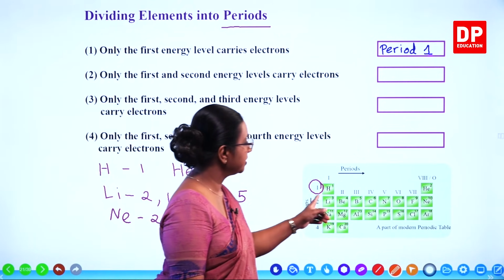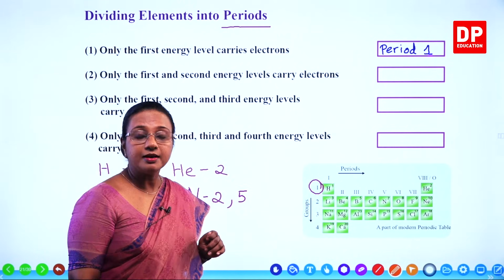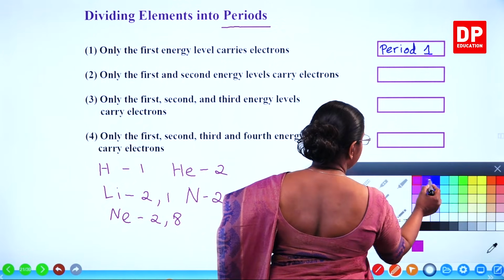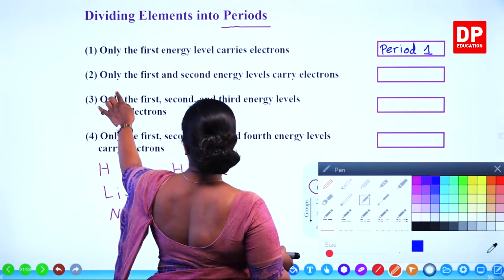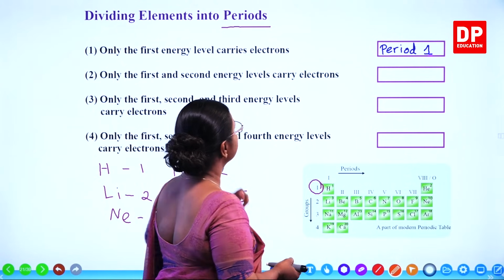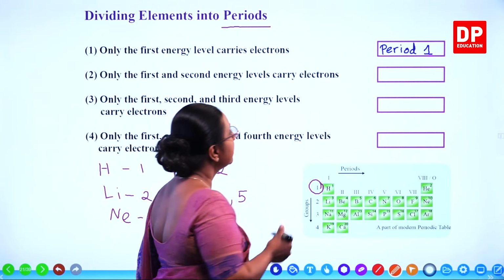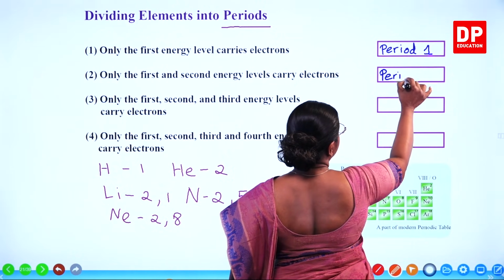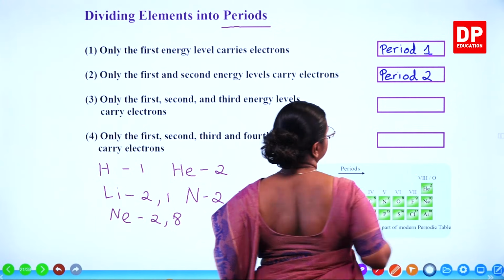And these elements belong to the second period of the periodic table. So, if only the first and second energy levels carry electrons, then they will go to the second period, or period 2.